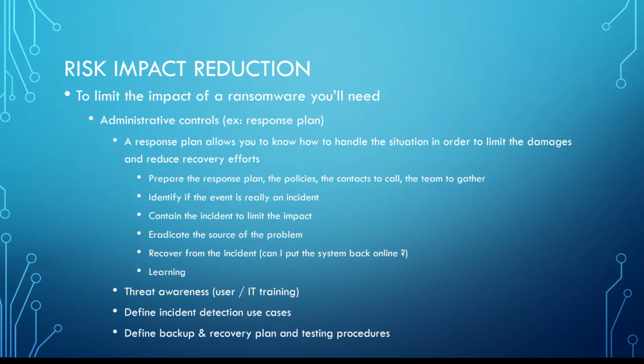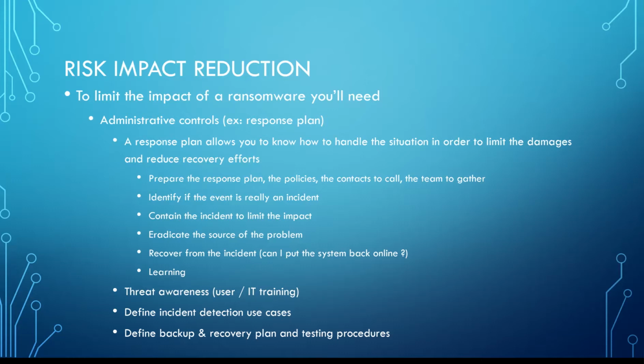So for the risk impact reduction, to limit the impact of a ransomware, for example, you will need some administrative controls like a response plan. A response plan is going to allow you to know how to handle the incident, the situation, in order to limit the damage and reduce recovery efforts.